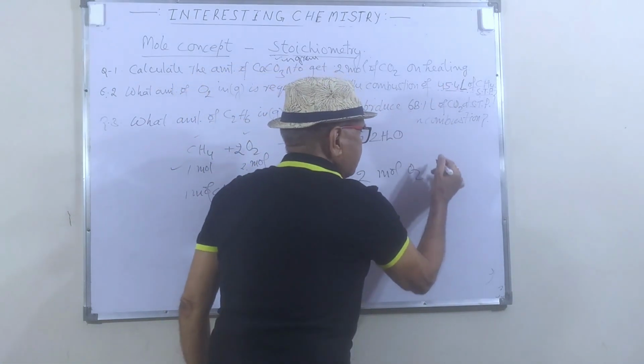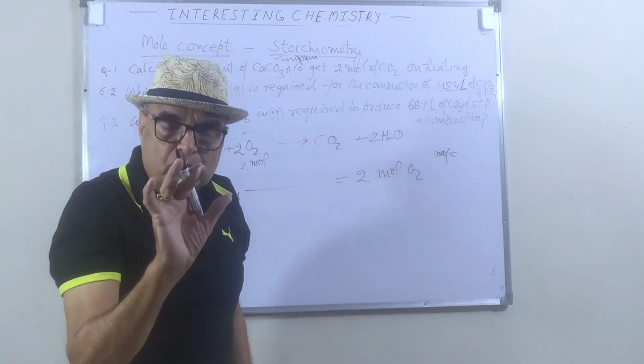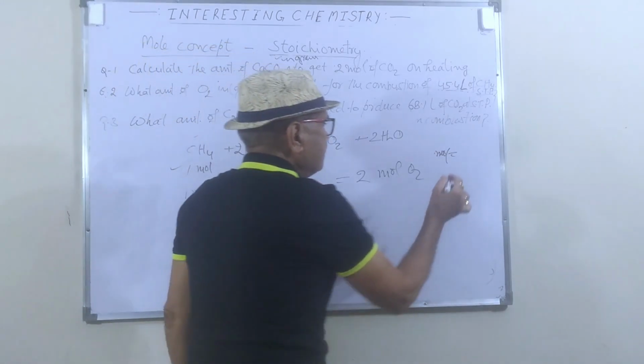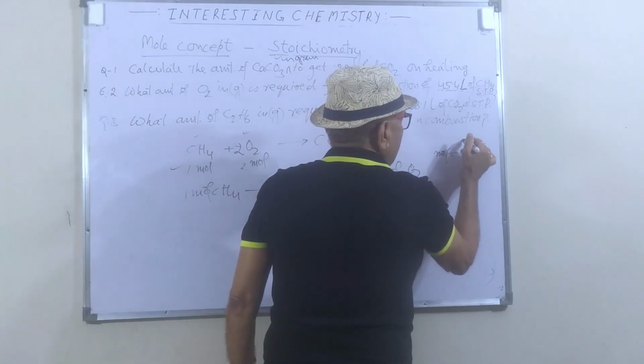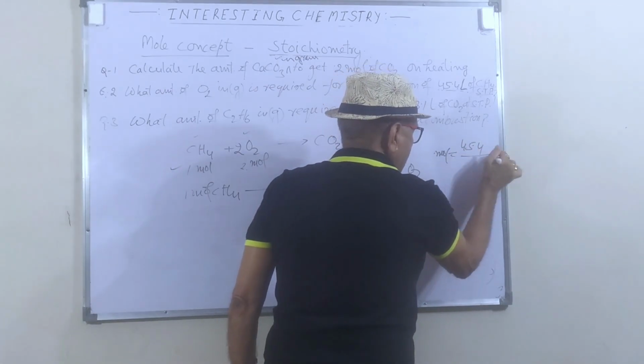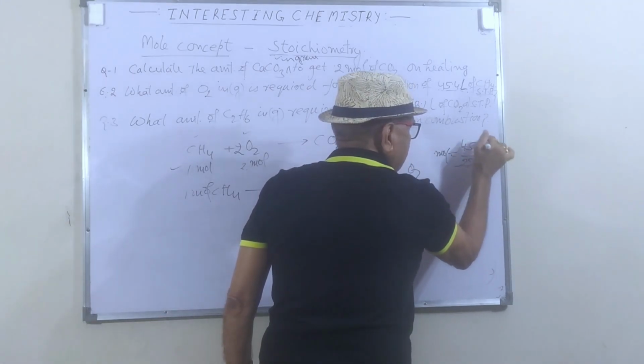How will you change? Mole is equal to the volume of the gas at STP divided by 22.7, so 45.4 divided by 22.7. So it is equal to 2 moles.